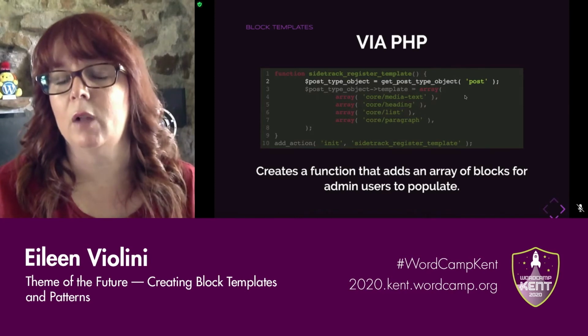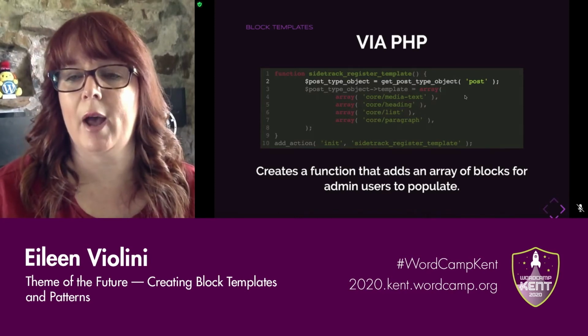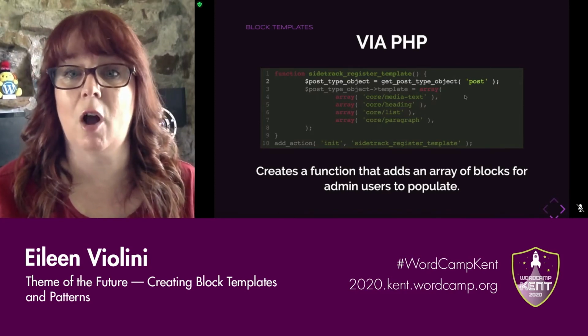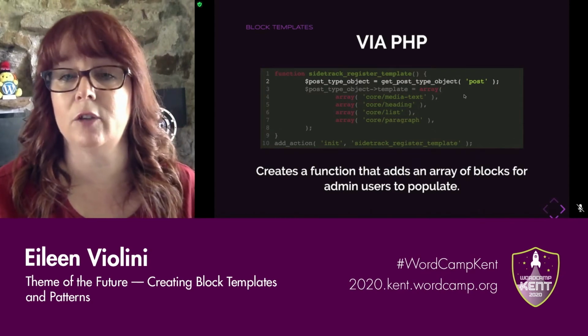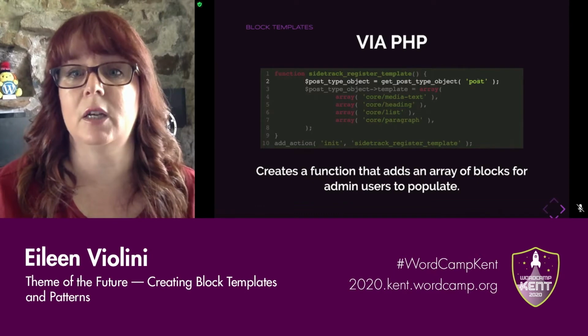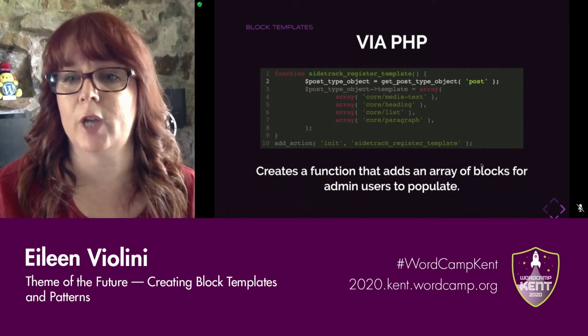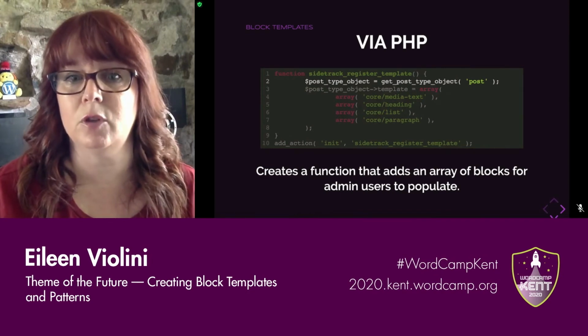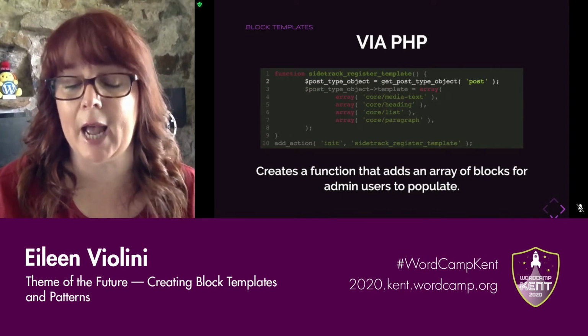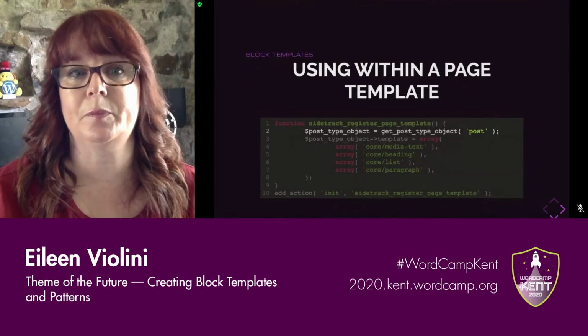And a little trick here is if you wanted to add this code to all of the pages on your site and not to all of the posts, you change post here to page, and all of those blocks would appear every time you need to add a page to the site.